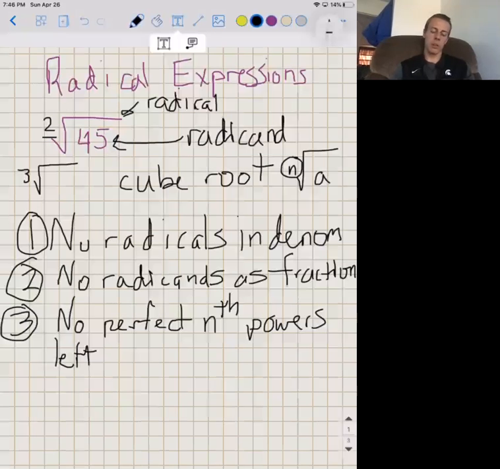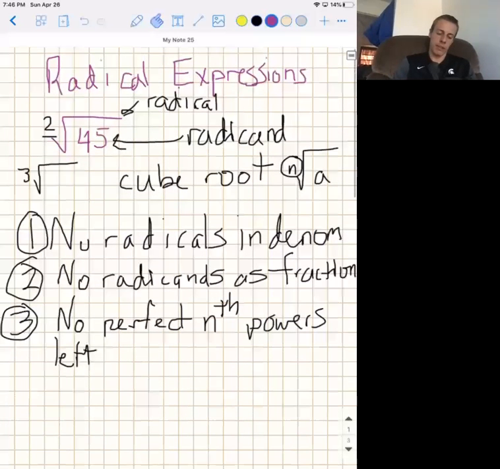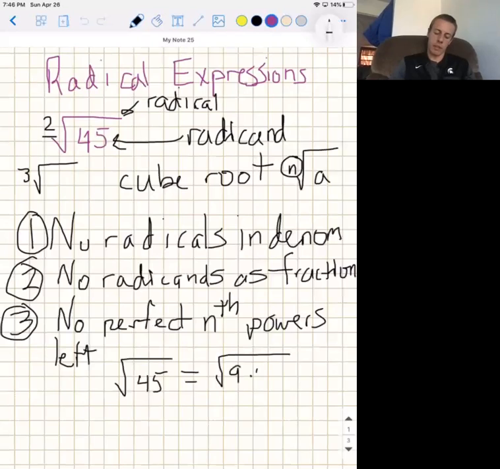Like, Mr. Jones, I don't quite understand what you mean by all this stuff. Well, let's take a look at our example with the square root of 45. I could write this as the square root of 9 times 5, 9 times 5 being 45. So I really didn't change anything underneath this radical.